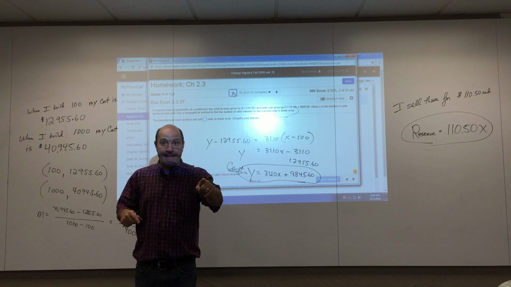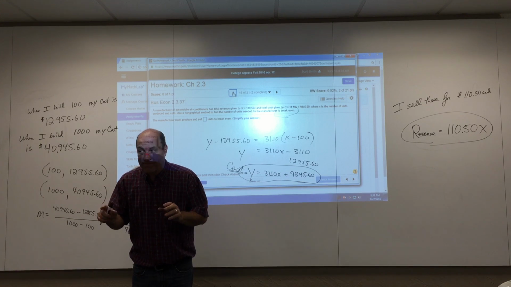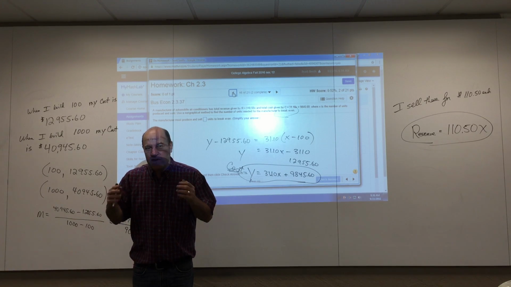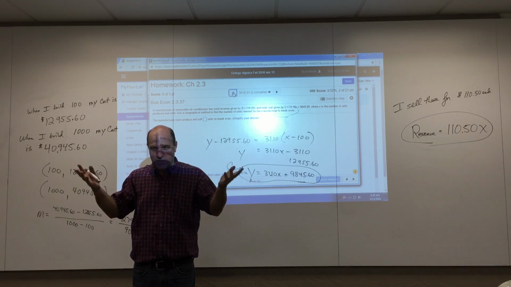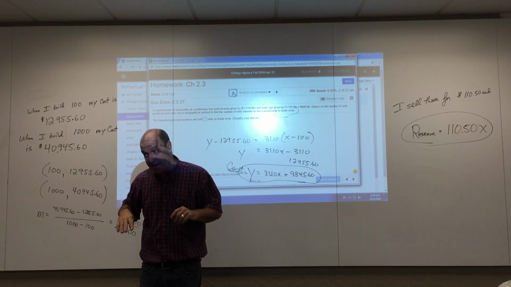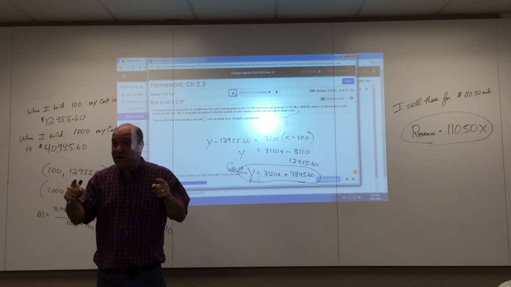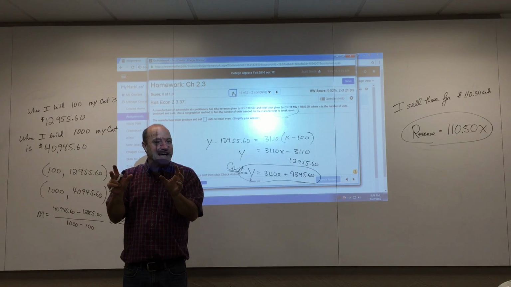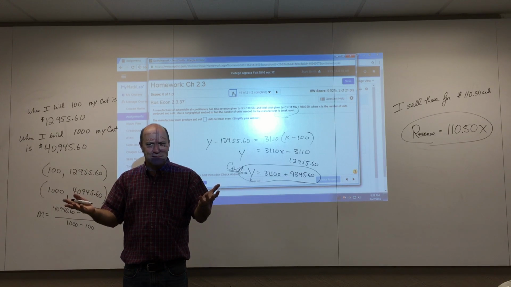But another way to say that is that your profit is 0. You broke even when your profit is zero. Maybe that's the most common sense. You broke even, your profit is not positive, your profit's not negative. You broke even, your profit is zero. But profit equaling zero means revenue equals cost. Same thing, it's synonymous.